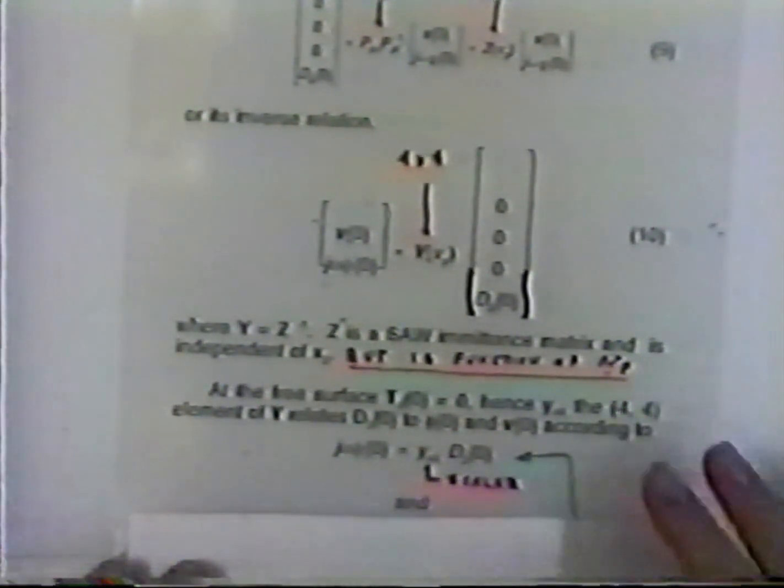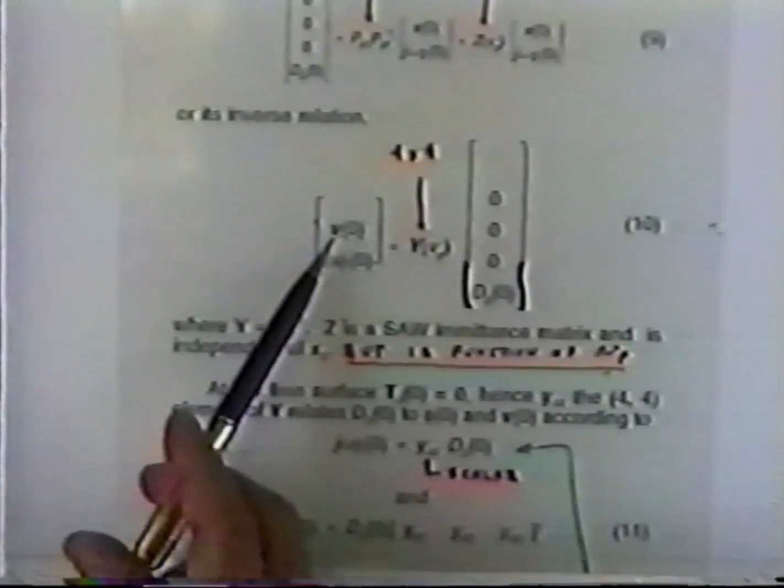However, suppose you've set this, then of course you can always express the velocity as this times the elements of the 4th row. Again, it's just expanding and writing out the matrix term by term.